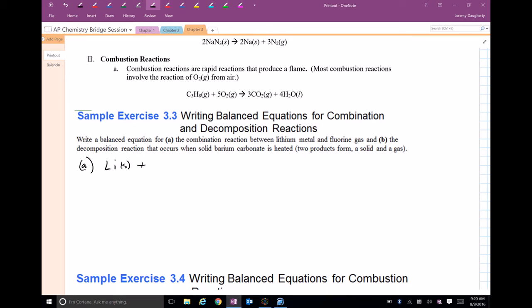F2. Okay, very good. So there are these magnificent 7 diatomic molecules that always appear in groups of 2. It's nitrogen, oxygen, fluorine, chlorine, bromine, iodine, and hydrogen.